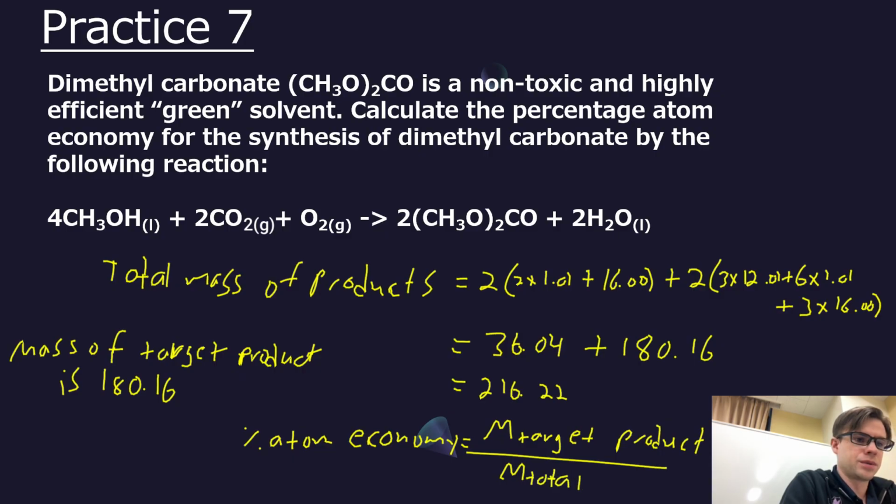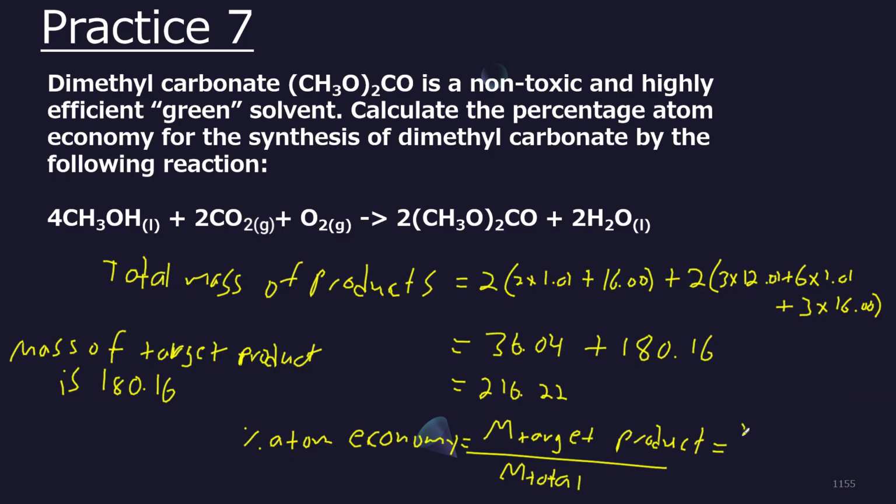So that equals 180.16 for the target, divided by 216.22 for the total. And these are both times 100%. I shouldn't forget that. And that comes out to 83.323, basically 83%.